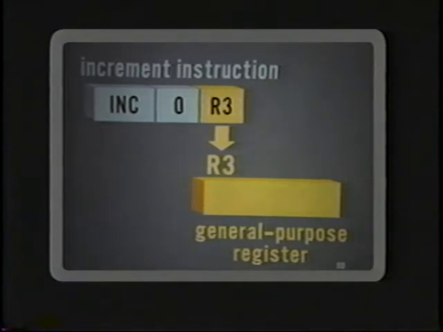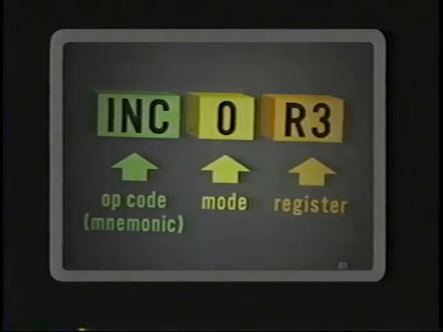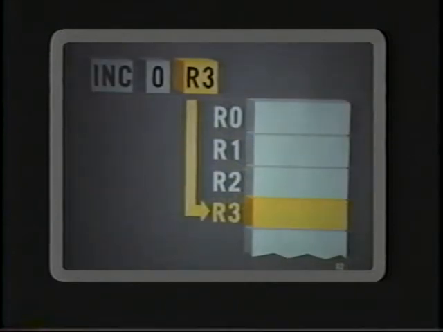This is an example of an increment instruction that is used in combination with a general-purpose register. The instruction breaks down into three major fields: an opcode or mnemonic, a mode field, and a register field. The register field tells the computer which general-purpose register is to be used with this instruction.